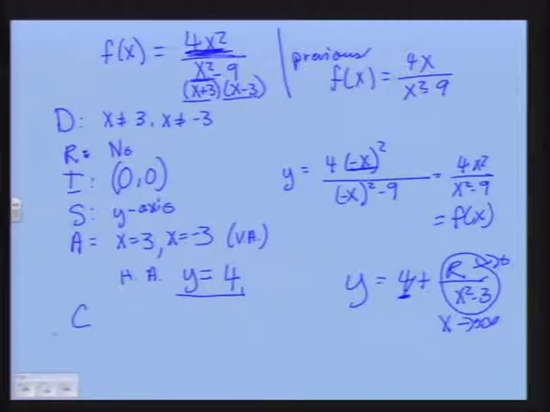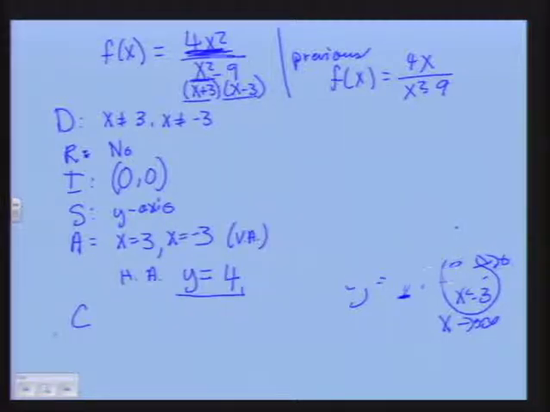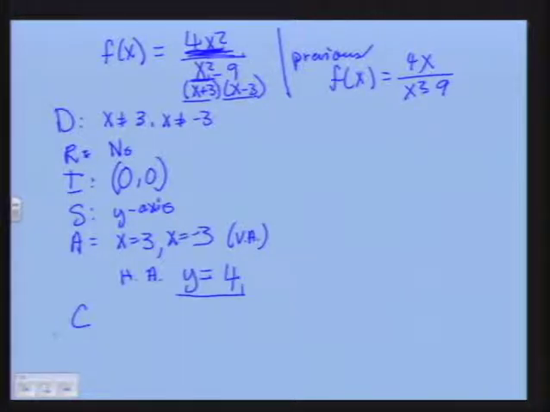Does it cross that asymptote? Well, let's get some workspace here and see. If it crosses, then the y of this function, which is 4x squared divided by x squared minus 9, will equal the y of the horizontal asymptote at some point. So let's see how this works out.